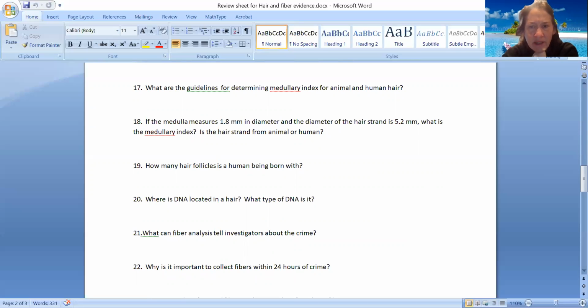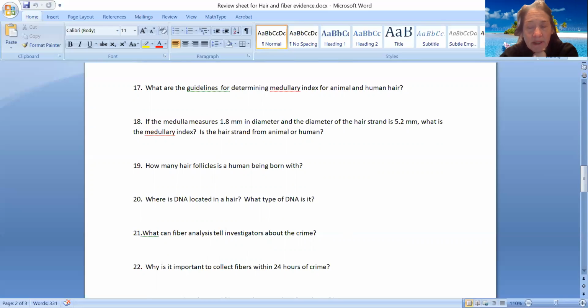Yes, 5 million is the answer. Where is DNA located in the hair? DNA is located in the follicle for nuclear DNA, but if it's in the strand of hair, it has mitochondrial DNA, which is passed down from the mom, okay? Look, we're done with that one, okay?